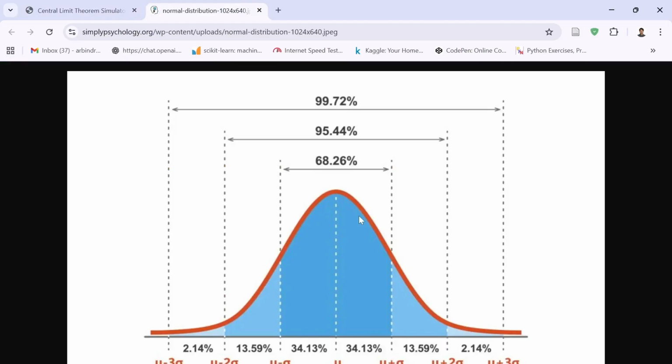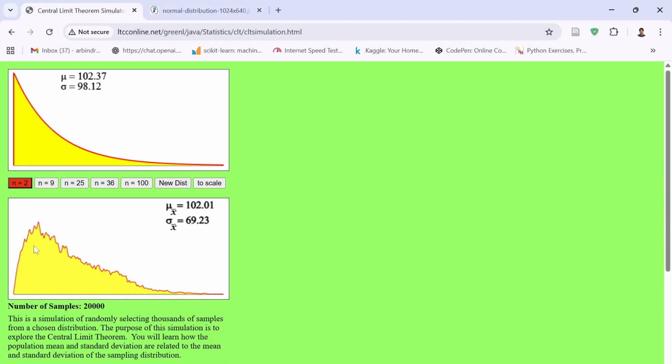The normal is very thick in the middle and thin at the sides, but here it is not so, because it is skewed and only thick to the left. But as you go on increasing the number of samples, the distribution becomes more and more normal. This is what the central limit theorem wants to say.